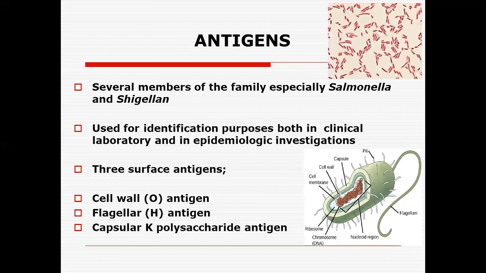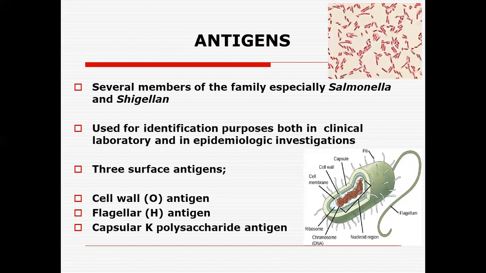These antigens are used for identification, both in the clinical laboratory and in epidemiological investigations. So in order to identify a microorganism belonging to the genus Salmonella or Shigella, we have to go for identification with the help of different antigens. Now, there are three important surface antigens.